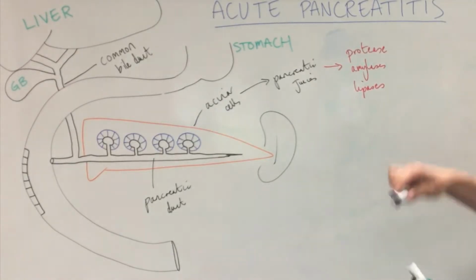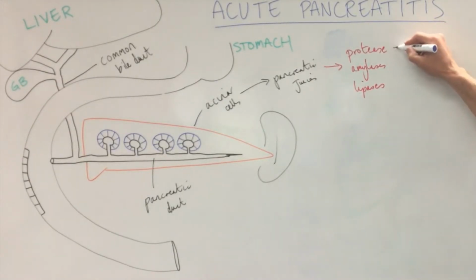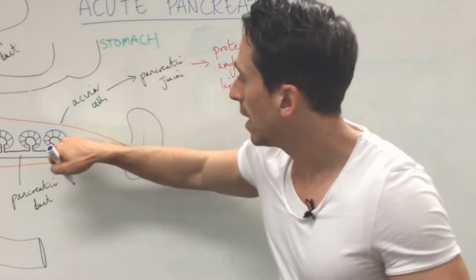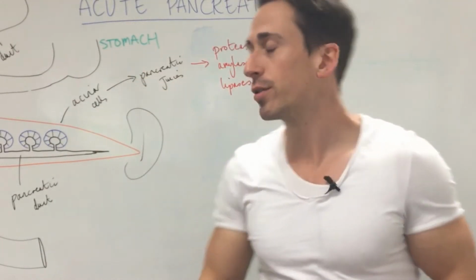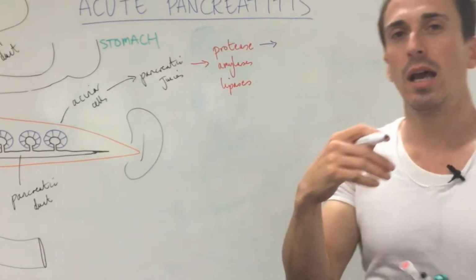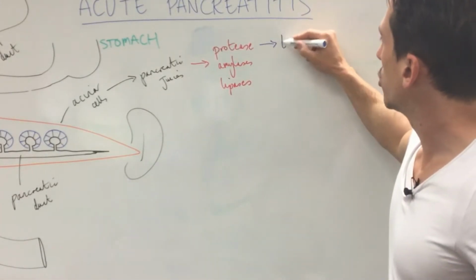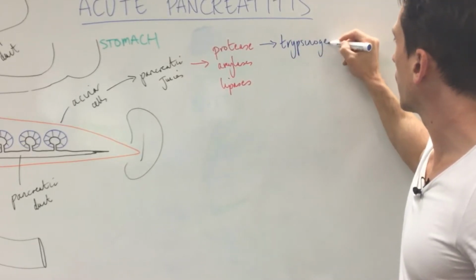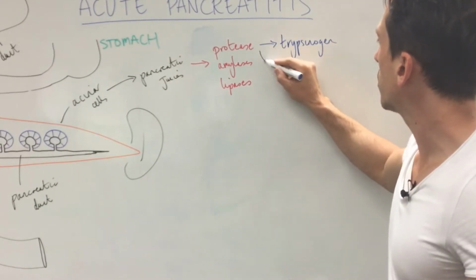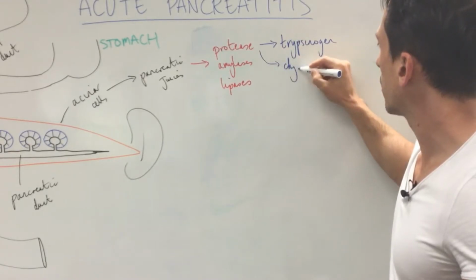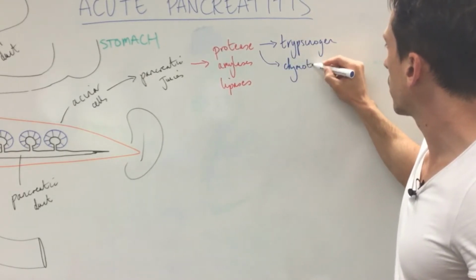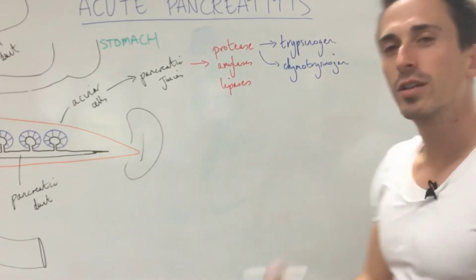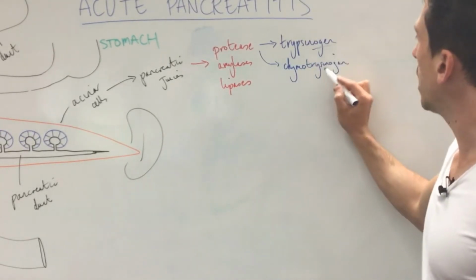Now, if we look at the proteases that are produced by the acinar cells within the pancreatic juice, these are going to be enzymes such as trypsinogen and chymotrypsinogen, and as you can see, they end in OGEN.